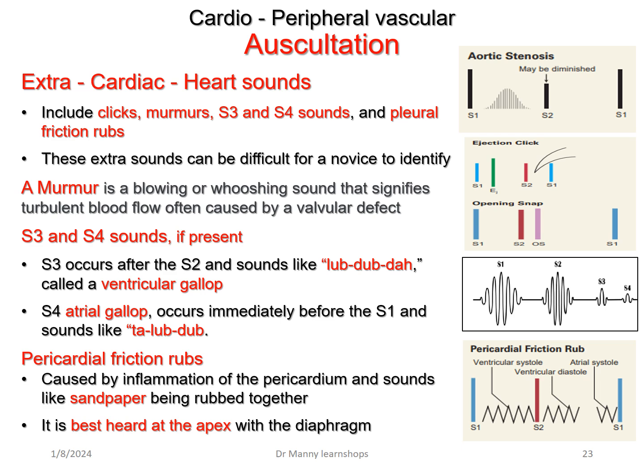S4 is referred to as an atrial gallop, because it occurs immediately before S1, and again is another sign of heart failure. Typically it sounds like this: talab-dub, talab-dub. When you put them all together, S1, S2, S3 and S4, it sounds like talab-da-bar, talab-da-bar.